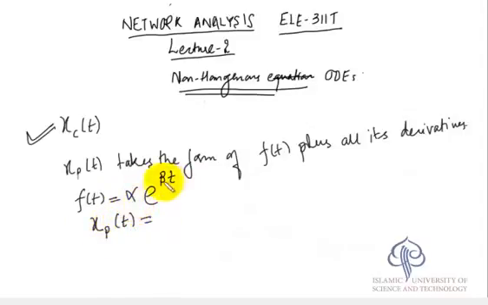It's very clear that all the derivatives of f(t) and f(t) itself can be written together as A e to the power beta t, because no matter how many times you differentiate, you will get a beta, which is a constant. So the particular integral will take this form. What is left for us to evaluate is only the coefficient A.